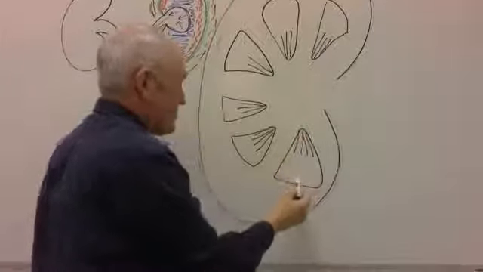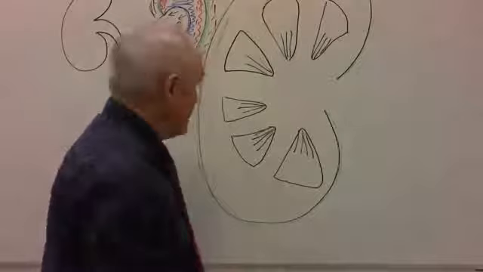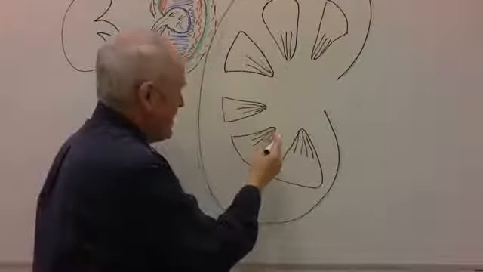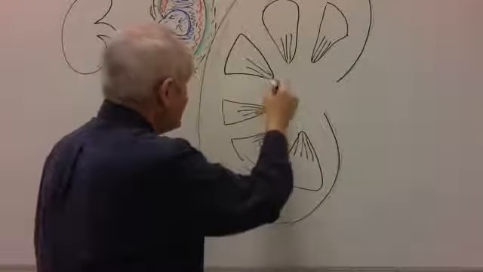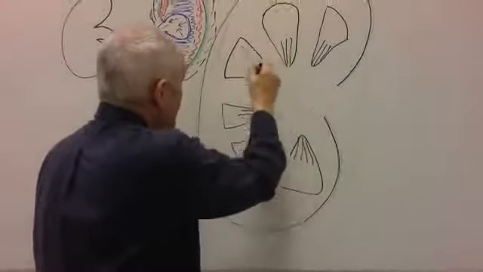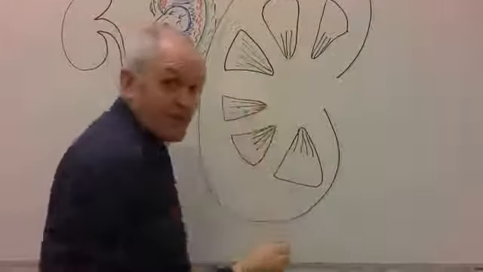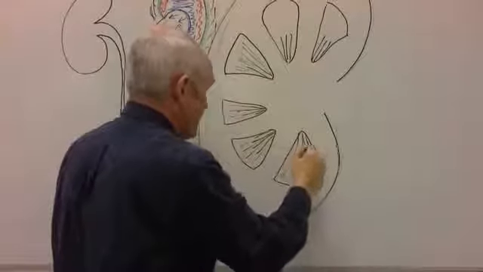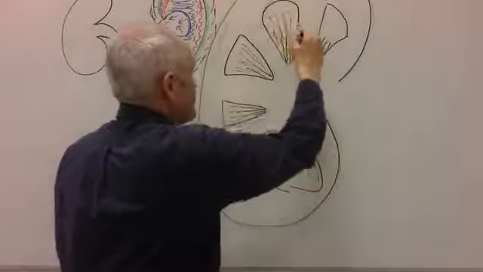So we start off with small collecting ducts that go into larger collecting ducts, until at the bottom, these large ducts that I've drawn here are called papillary ducts. And when you look at the renal medulla, you can see that it's got this striated appearance. It also contains the tubules of nephrons.